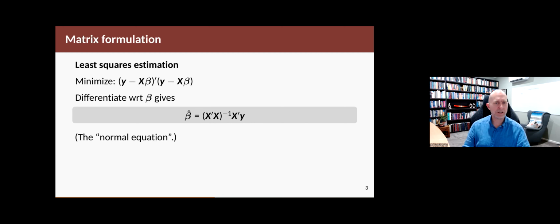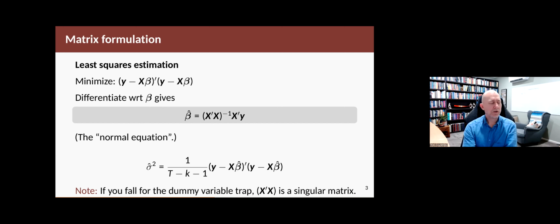It gives us the value of all of the coefficients once we can express the predictors as the matrix X and the response variable as the vector y. It also means we can write down a simple expression for the estimated variance of the residuals based on the sum of these squared errors, y minus X times beta hat.